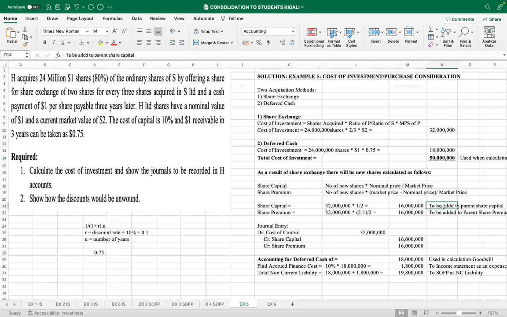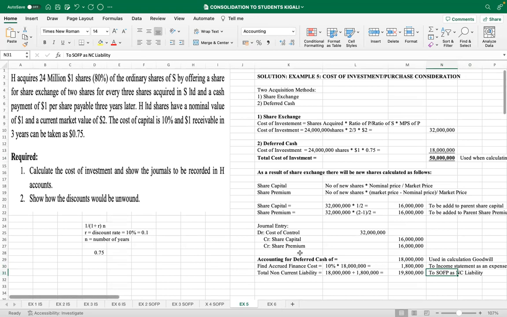This is to be added to share capital of the parent. This is to be added to share premium of the parent. The accrued finance cost goes to the income statement as an expense. And the total non-current liability goes to the statement of financial position as a non-current liability.